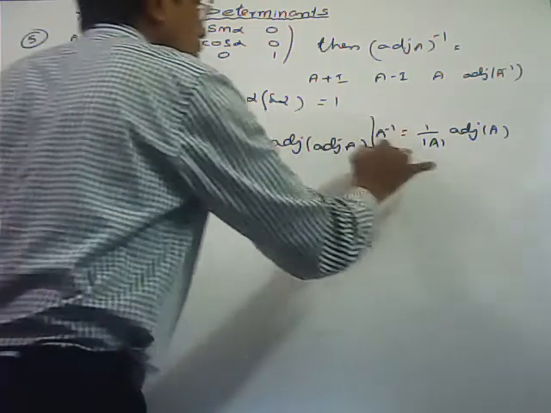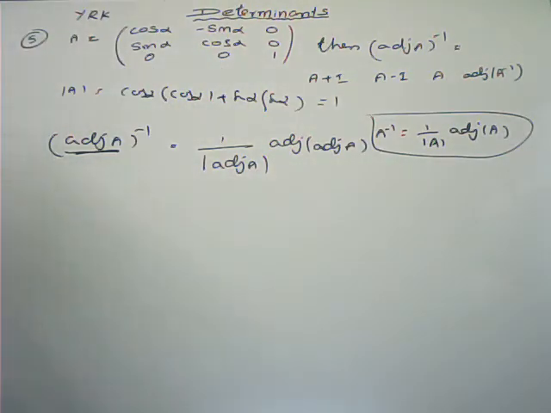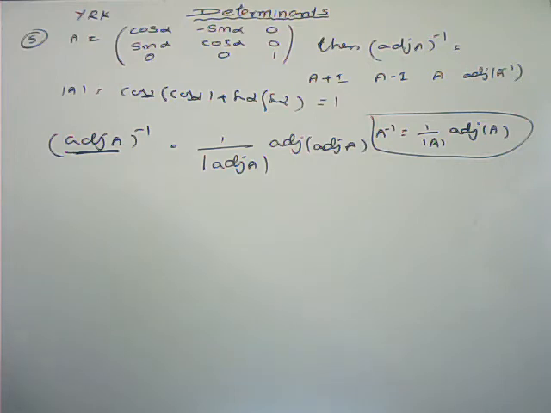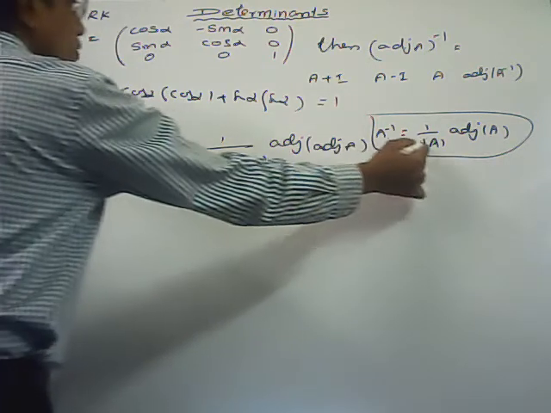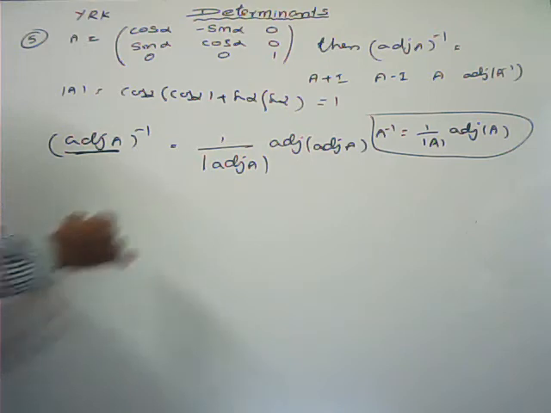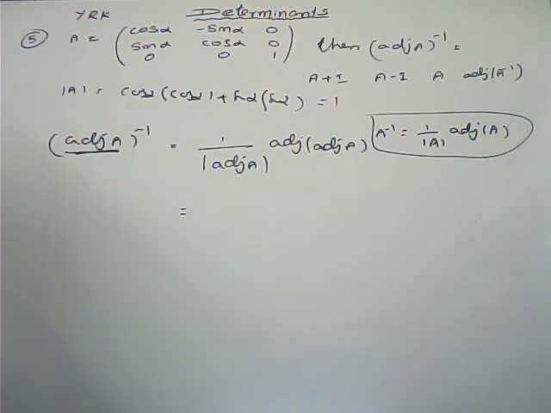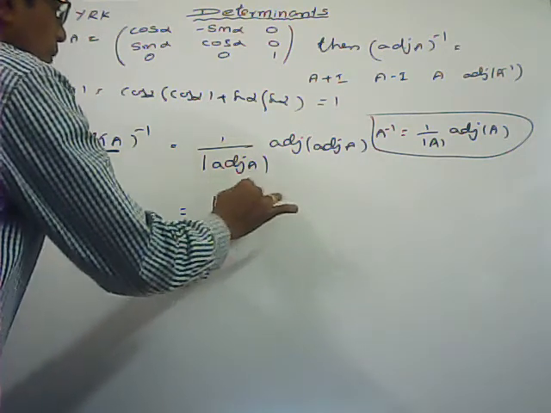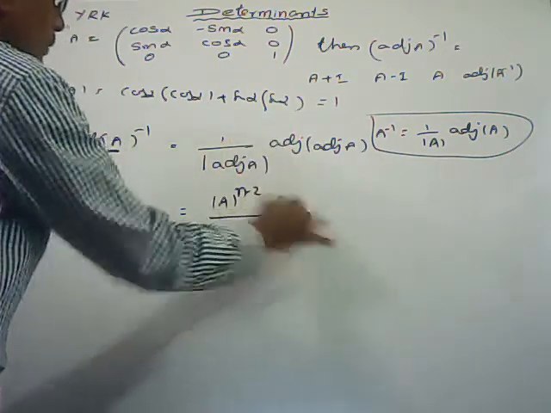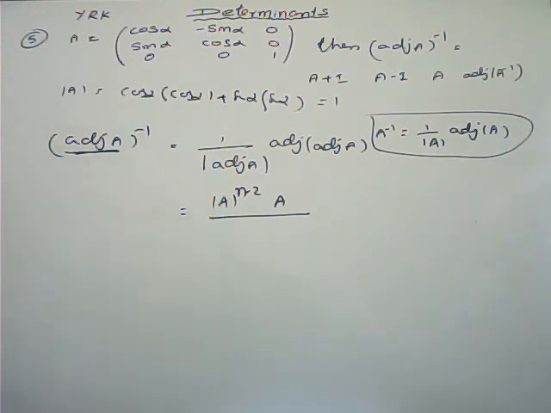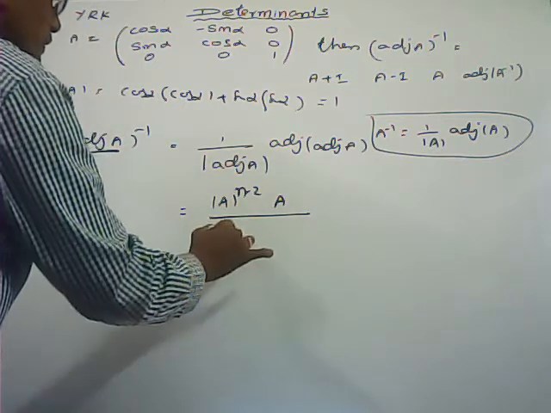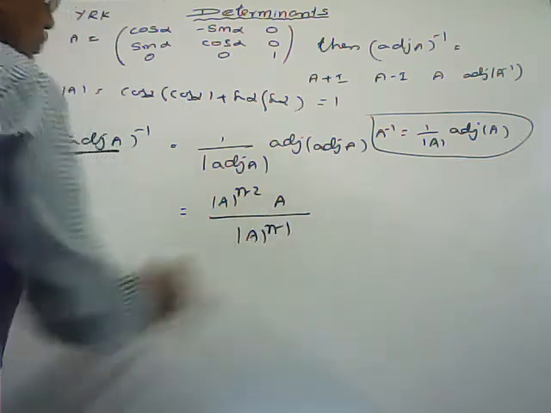So here this one we know, A inverse is equal to 1 by det A into adjoint of A. In the place of A, here adjoint of A is there, adjoint of A whole inverse. So replace A by adjoint of A. Adjoint of A whole inverse equals 1 by determinant of adjoint A into adjoint of A. And some tips I told you: adjoint of A is equal to det A whole power n minus 2 into A, and det of adjoint A is det A whole power n minus 1.